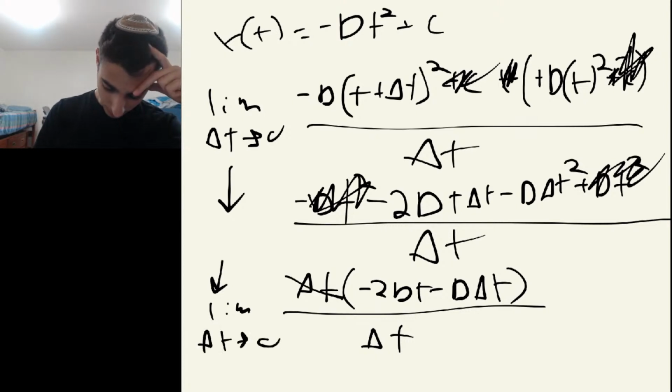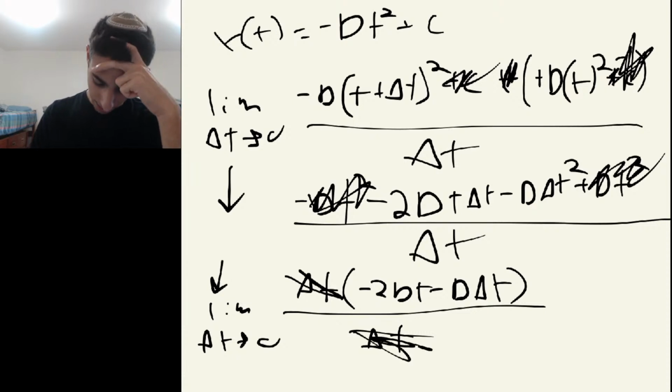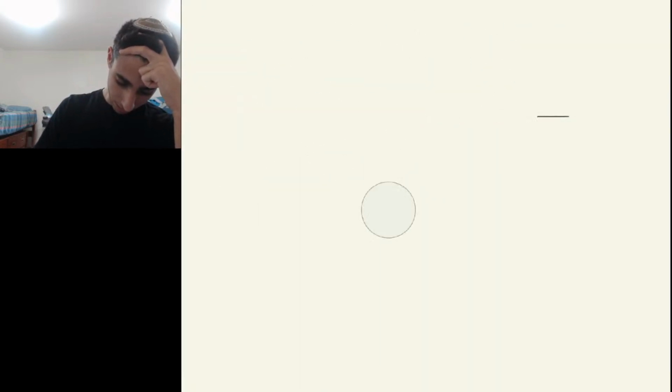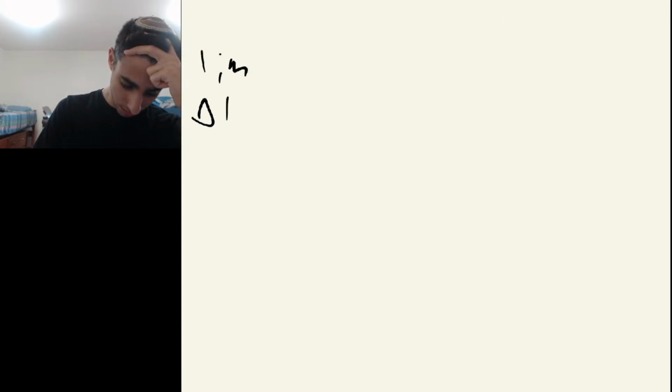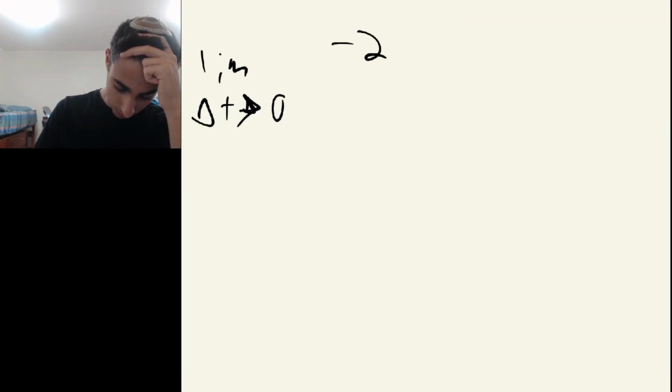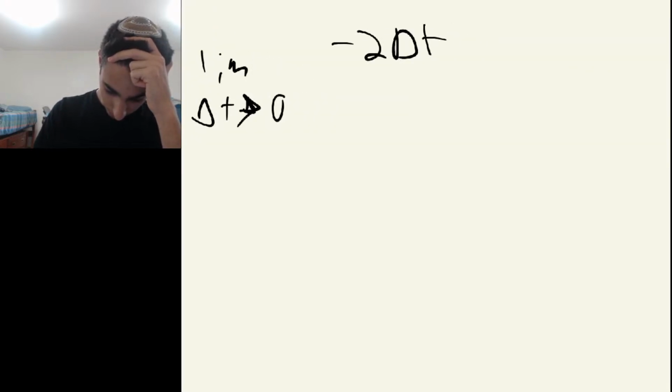So now we can cancel this with that, and we can say finally that our velocity is going to be the limit as delta t approaches 0 of negative 2d t, there's no delta t there, minus d delta t.